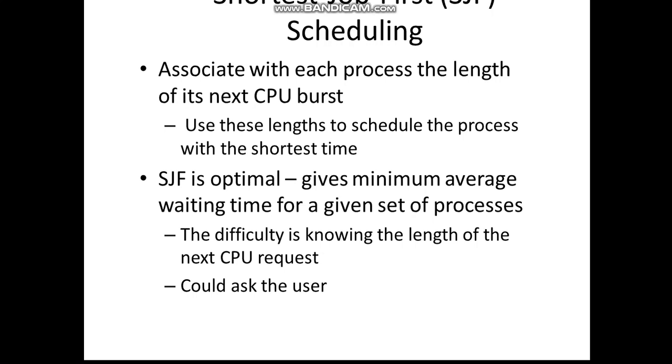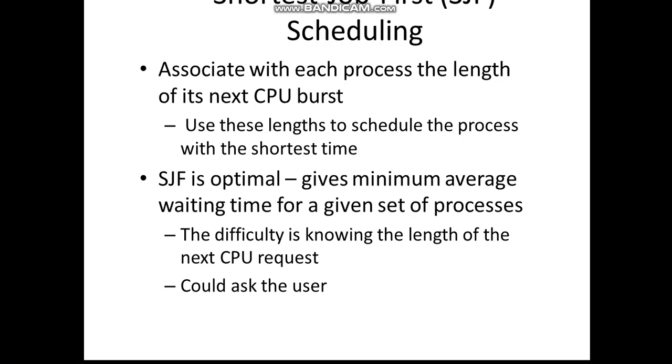Based on the length of the CPU burst time, the CPU is allocated. So SJF becomes optimal compared to FCFS, giving a minimum average waiting time for a given set of processes. But the disadvantage is the difficulty of knowing the length of the next CPU burst.